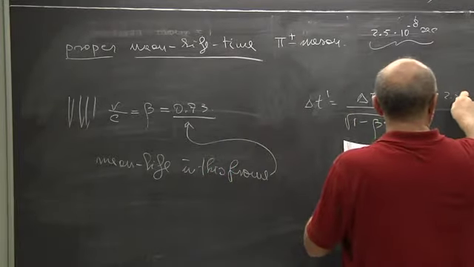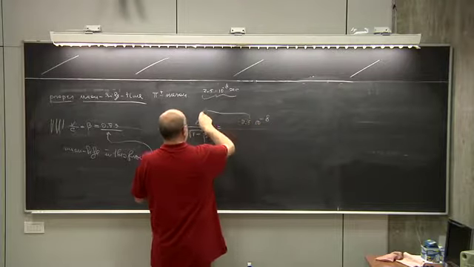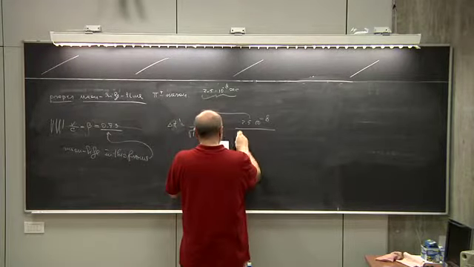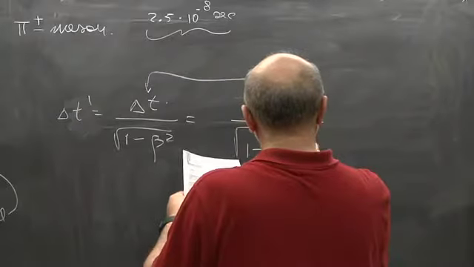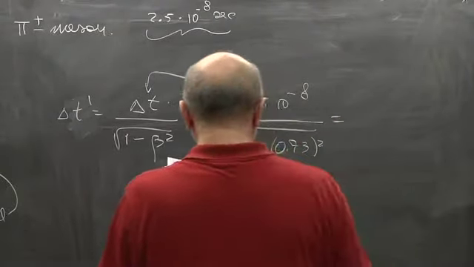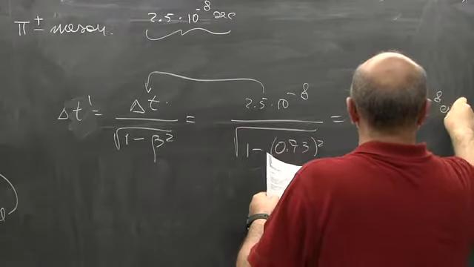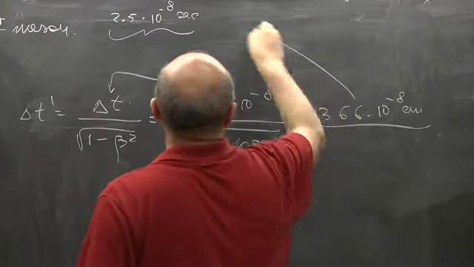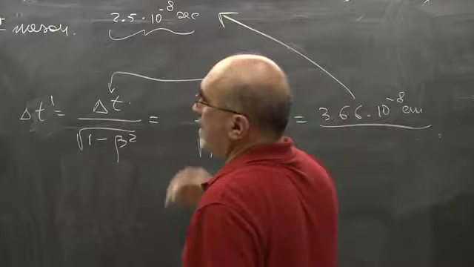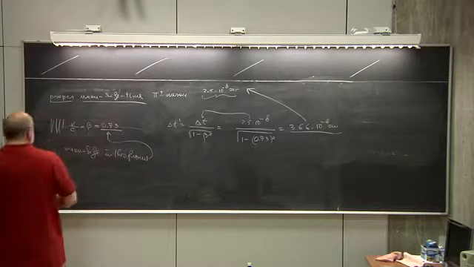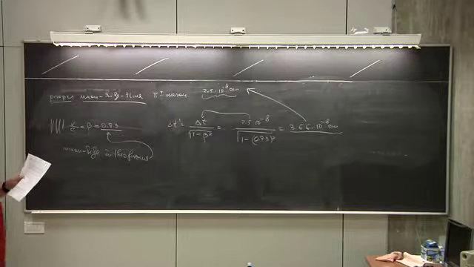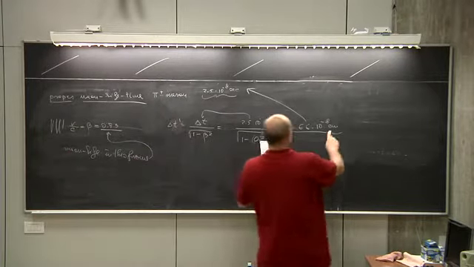So you insert 2.5 times 10 to the minus 8, divided by the square root of 1 minus 0.73 squared. You do this calculation, and you get 3.66 times 10 to the minus 8 seconds. So a burst of particles seems to have a longer mean life. This delta t prime is bigger, longer than this one.